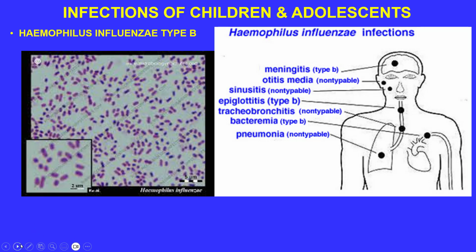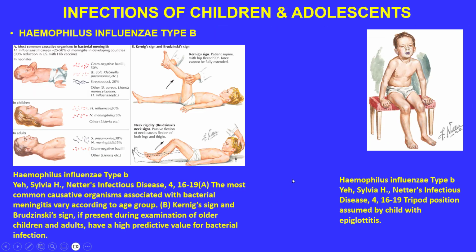Okay? Also, what's interesting is the most common causative agent of bacterial meningitis in neonates and children and in adults differs, and you'll notice that Haemophilus or HIB shows up in children and to a degree may be present also in infants.